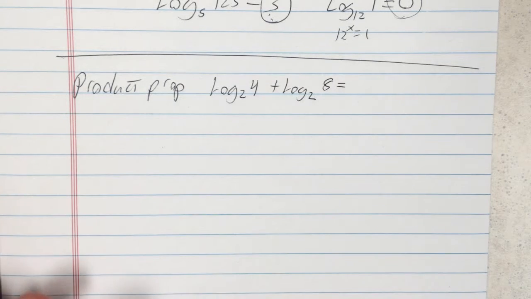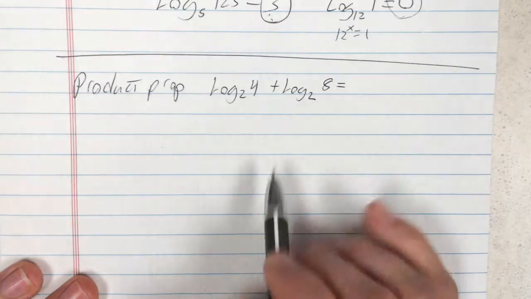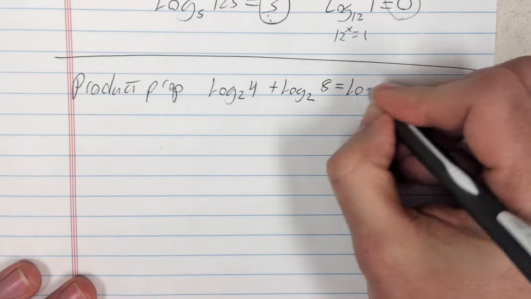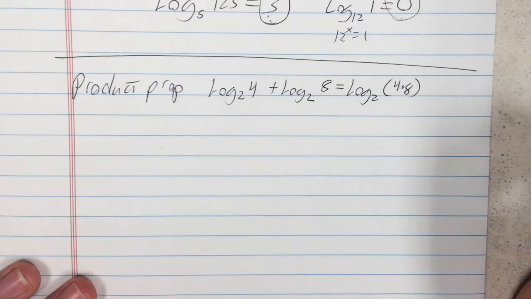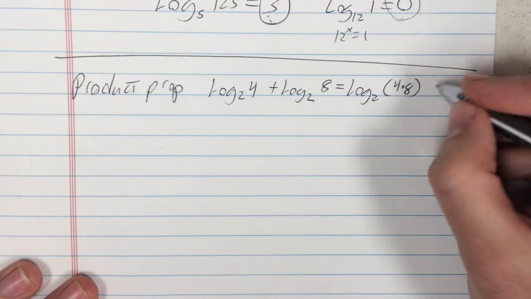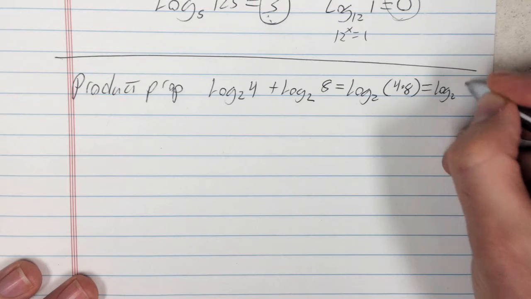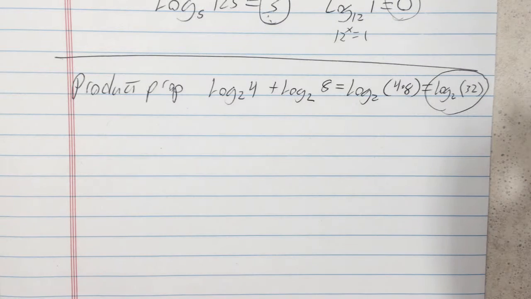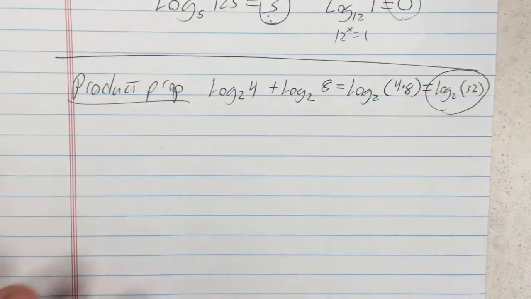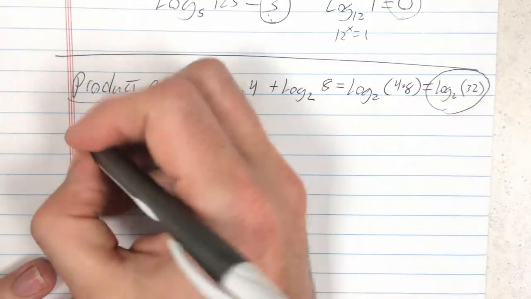It has to be the same base. So we've got the same base, and so that equals log base 2 of 4 times 8, which is log base 2 of 32. Okay, that's the product property. We talked about that last unit.